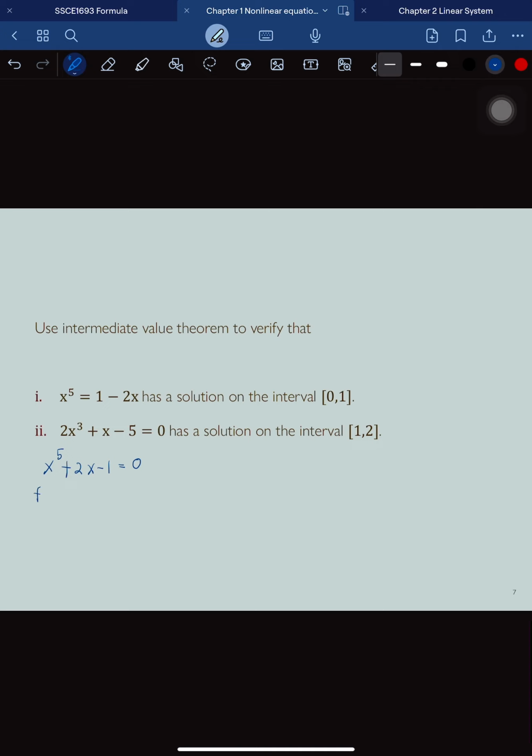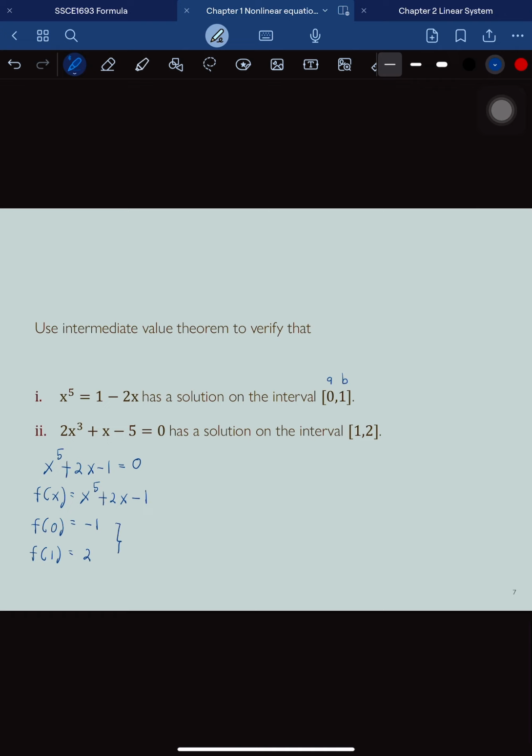So your f(x) will be equal to x^5 plus 2x minus 1. On the interval, this is your a and this is your b. Substituting, f(a) with a equal to 0 gives negative 1. And f(b) with b equal to 1 gives 1 plus 2, 3, minus 1, equal to 2.